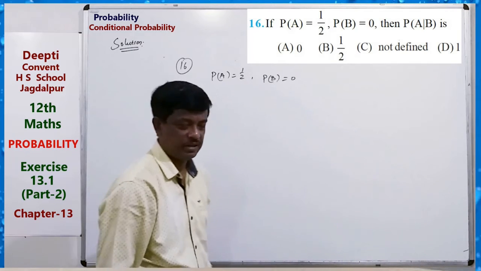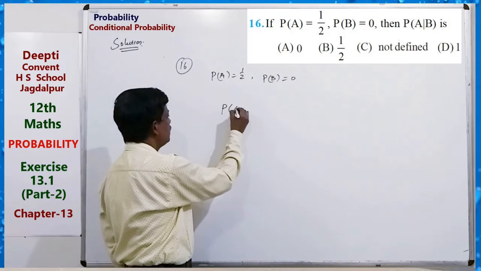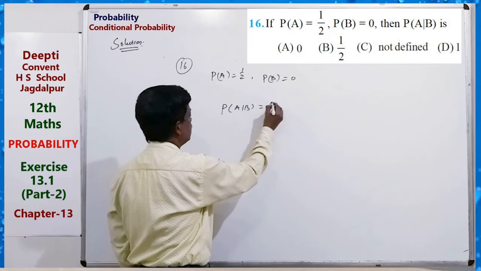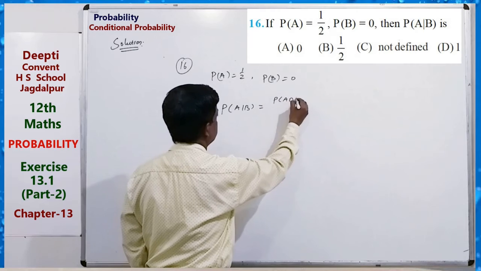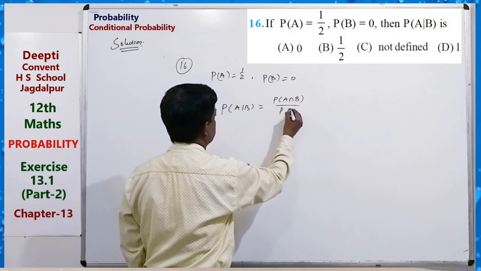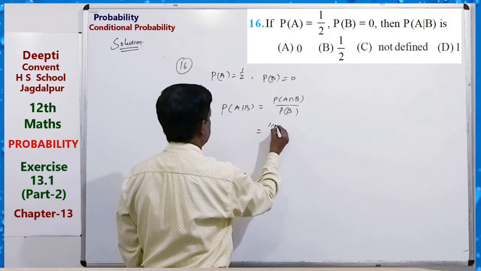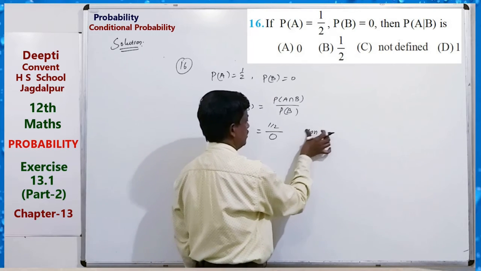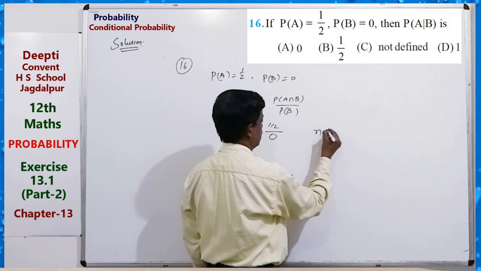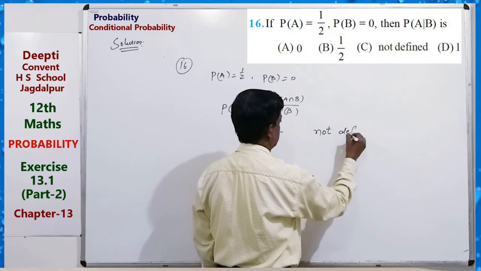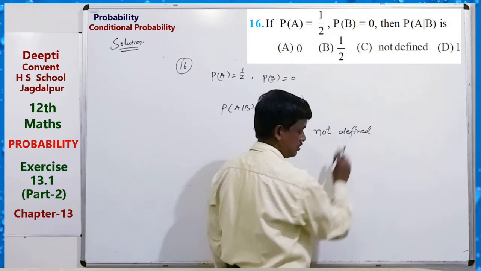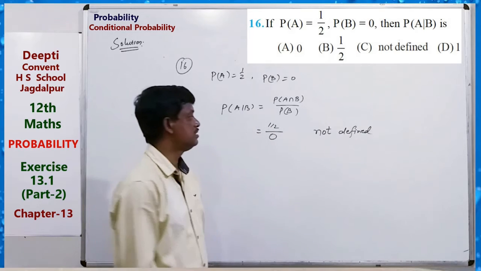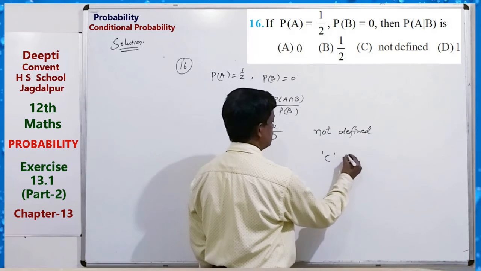Then P(A|B). We know that P(A|B) is P(A intersection B) by P(B). So half by 0, not defined. C option is correct.